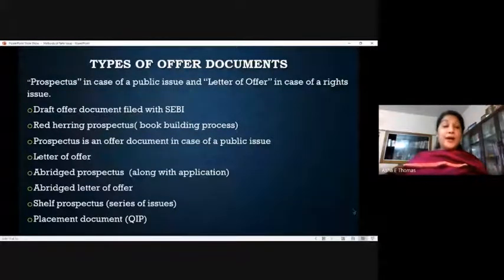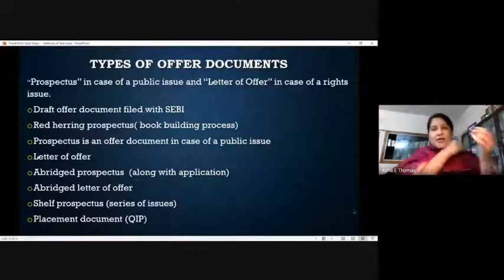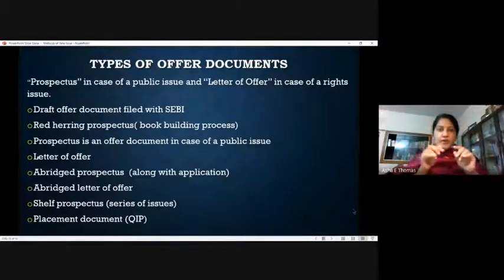Then going with abridged prospectus, suppose when the company is inviting an application from the public for subscription to the shares, you can see in the financial newspapers at times that they also give a short glimpse of the prospectus, an abridged prospectus, a short document which talks about the major details of why the company is going for this public issue.